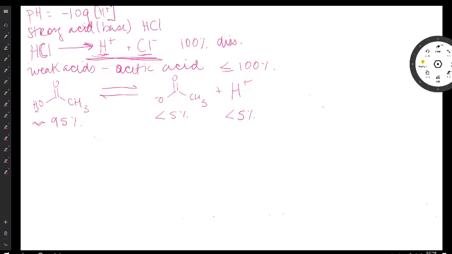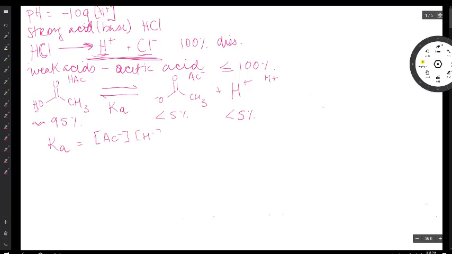Now, the equilibrium between these species is governed by the Ka, and so the Ka is equal to, if you remember from general chemistry, the ratio of the products to the reactants. So if we abbreviate this as HAc, that's Ac minus, and obviously H plus, the Ka would be equal to the ratio of the acetate conjugate base and the proton to the amount of undissociated acetic acid in the solution.